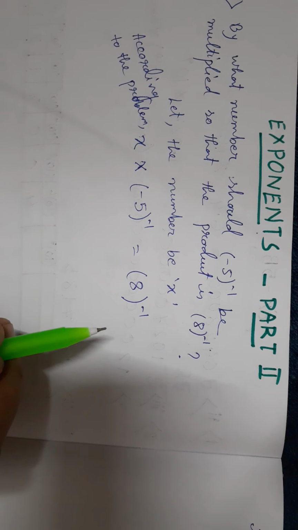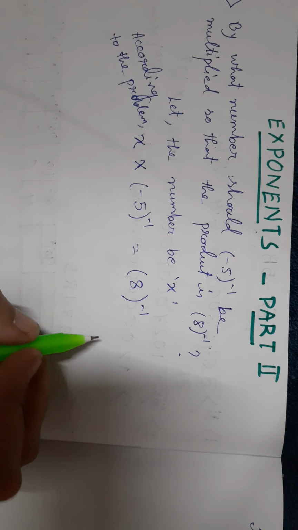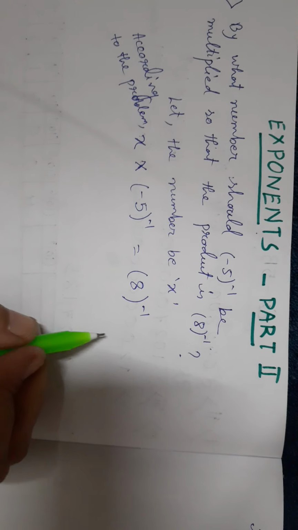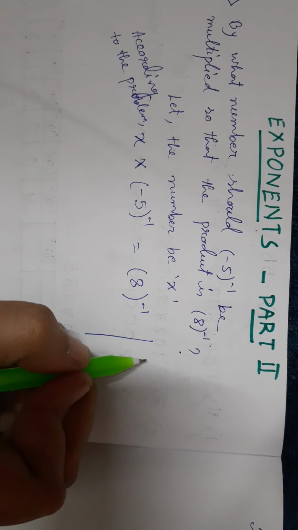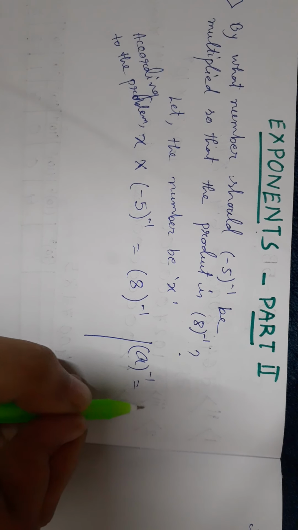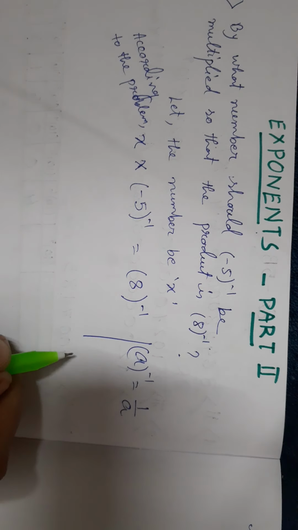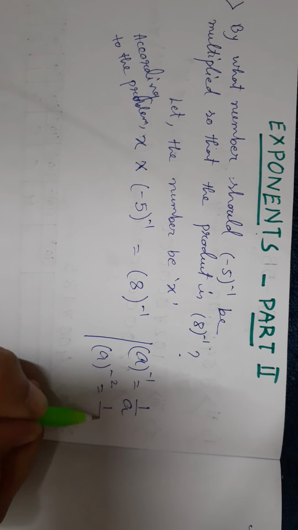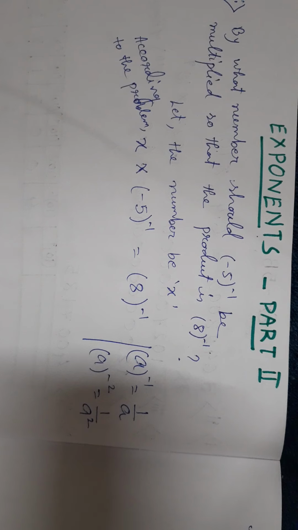Now, I just want to tell you about the formula. We know that if something is raised to the power -1, let us consider a to the power -1, we can write it as 1 by a. If a to the power -2 is there, we can write it as 1 by a square.